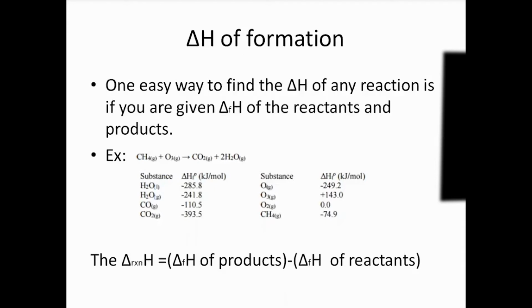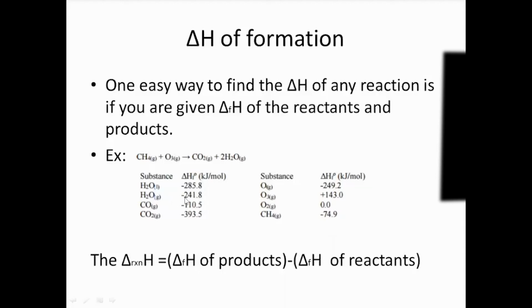Delta H of formation is an easy way to find the delta H of any reaction if you're given the delta H of formation of the reactants, which is this delta and this small subscript F. So as you can see, each of these chemicals in this reaction have a delta H value, heat of formation, right? And if you notice, it's kilojoules per mole.